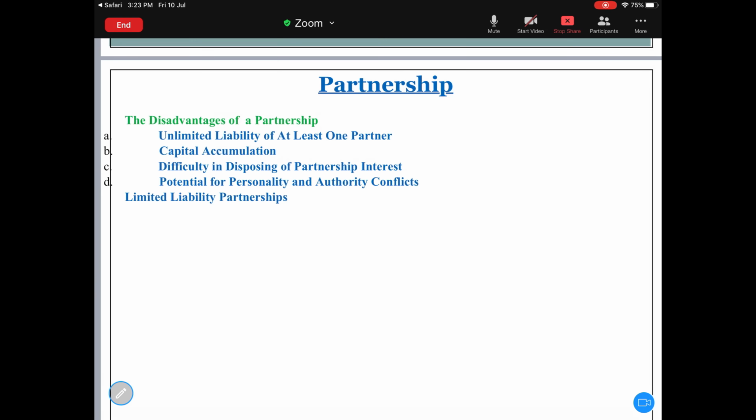Now, another important thing is difficulty in disposing of partnership interest. When we say difficulty in disposing of partnership interest, it comes to the point where the disagreements start among the partners, and one of the partners says that I am taking more responsibility whereas my profit share is low.